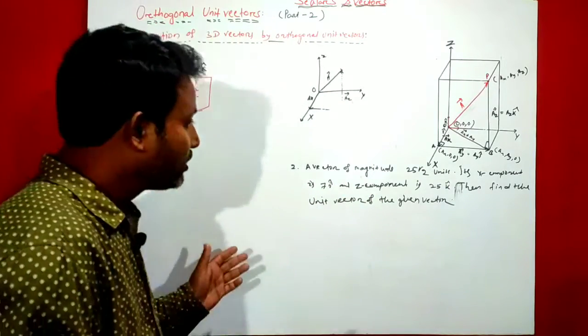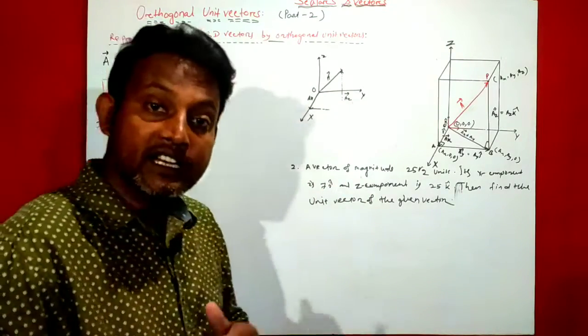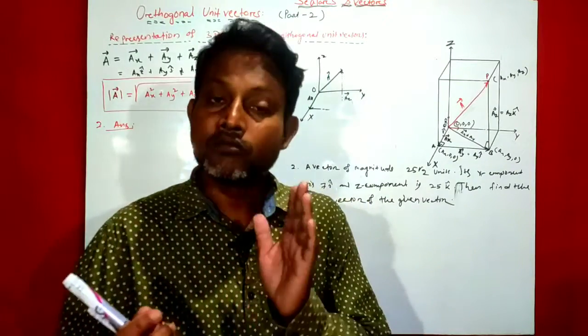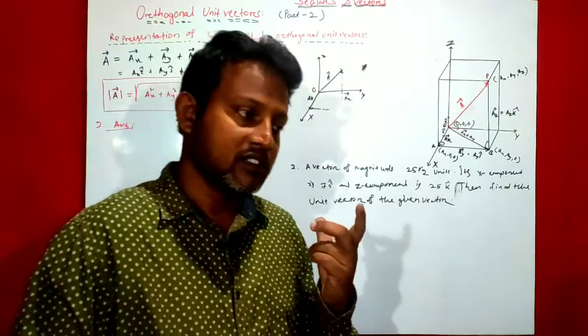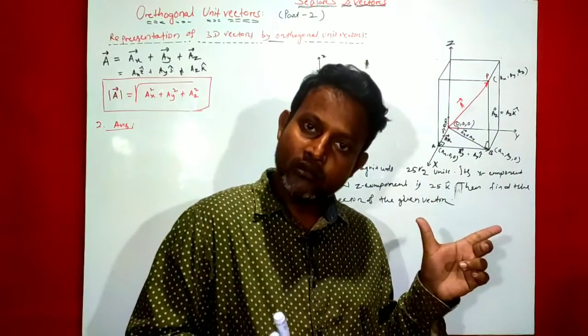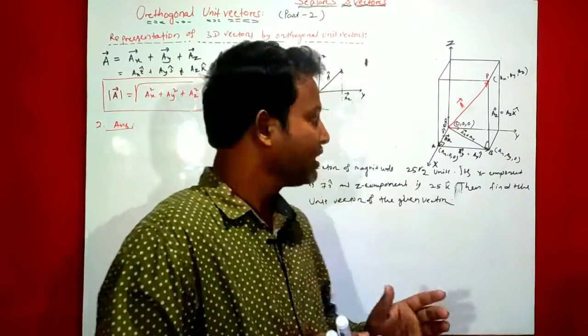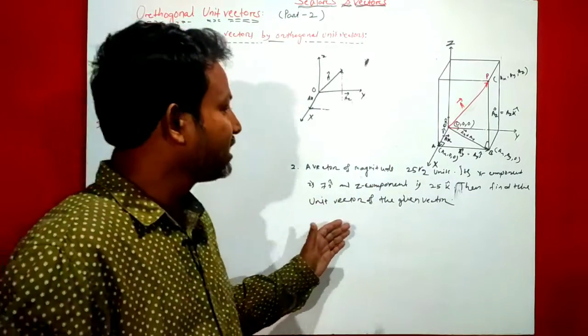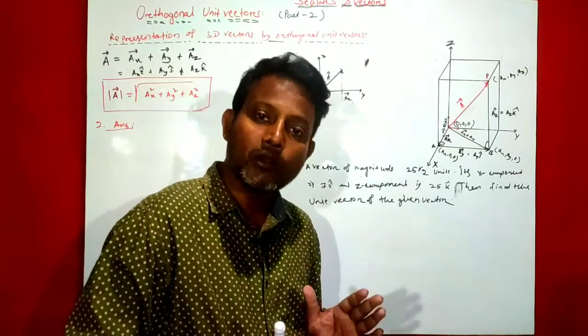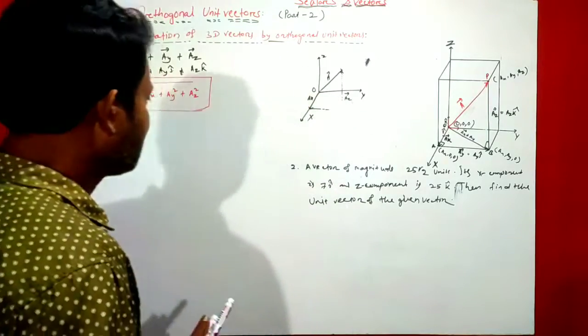As we know, when we find the unit vector of a vector, we require two things. One is the vector in Cartesian form, and the other is its magnitude. The magnitude is already given here, so we have to find only the Cartesian form of the vector.